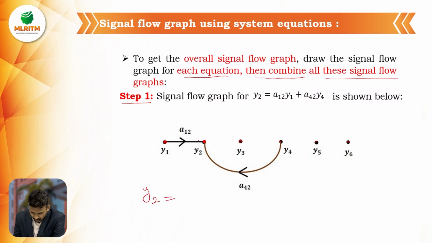So here there are 2 signals entering. First one is this, and second one is this signal. So I have to write the product of gains. So a12 into y1: y1 is the input signal, multiplied with the forward path gain a12, plus y4 into a42.